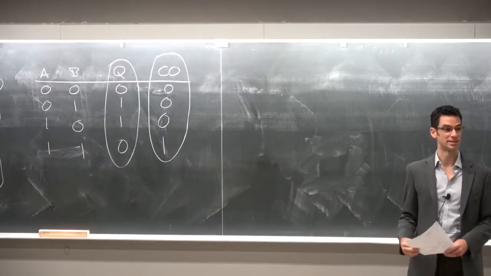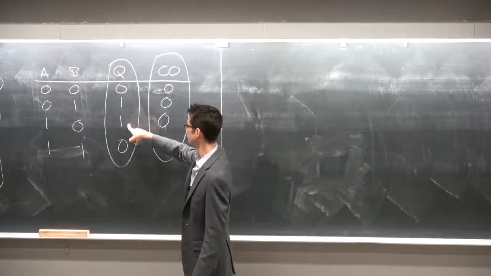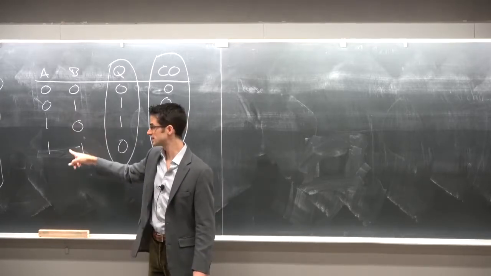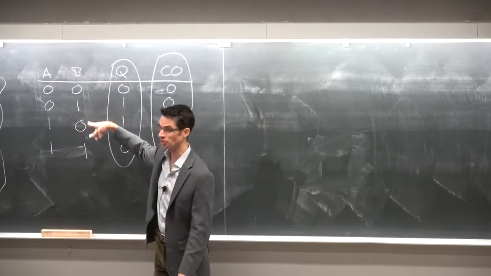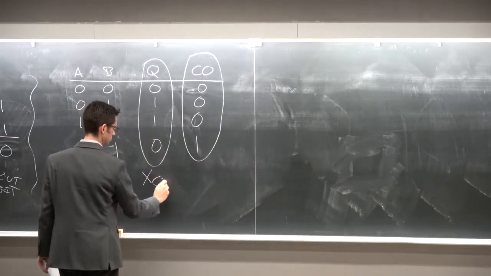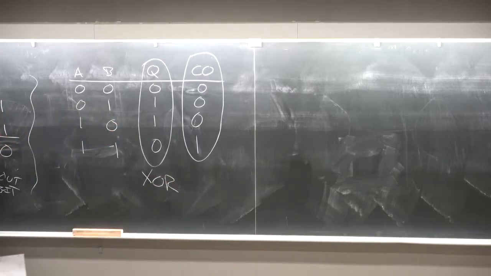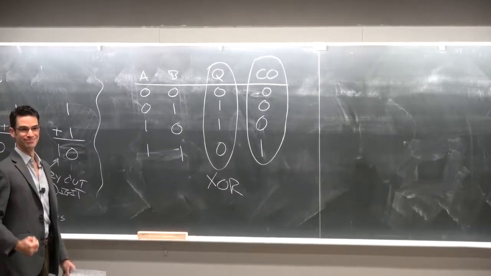XOR, which is exclusive OR. So you only get a 1 if it's just OR over here. If there's something that looks like it might be an AND, it doesn't count. Only the ORs get the 1s. So this is either XOR or XOR.